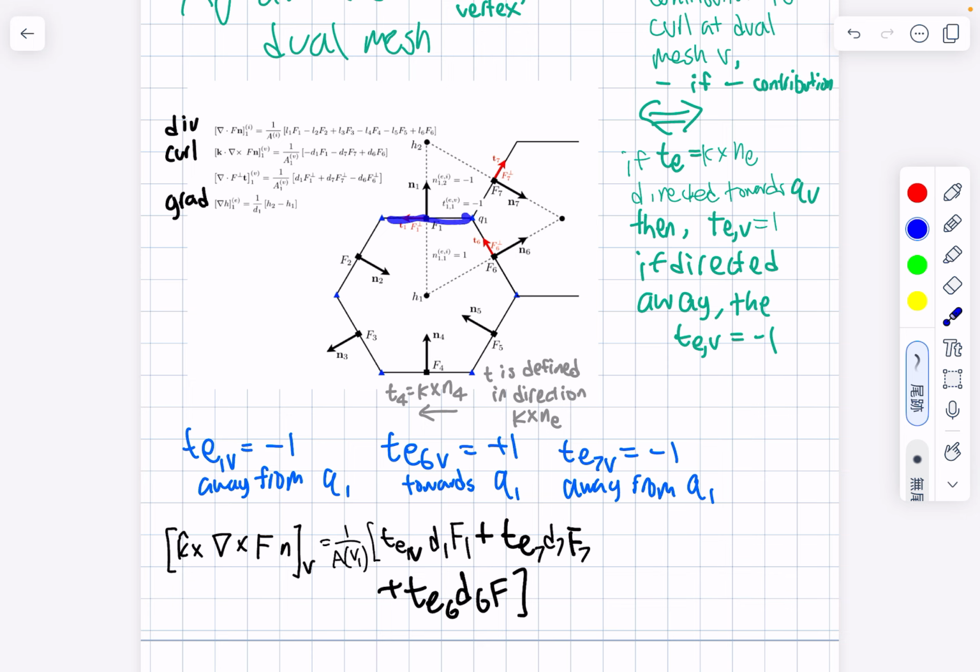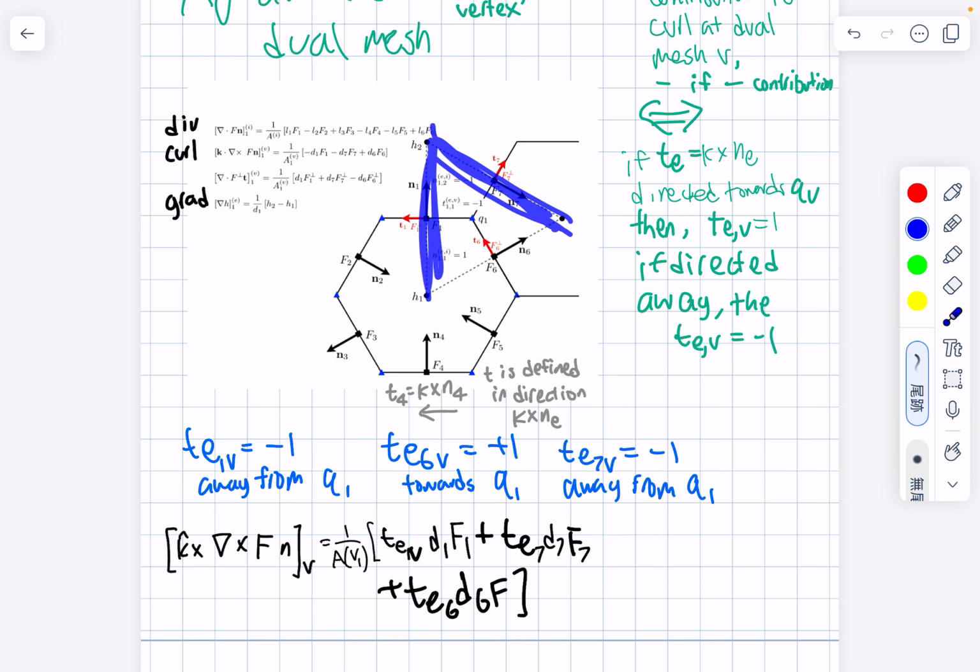Remember there's three edges. Do this edge first: it's this T times this distance times the flux, and T is negative here. Here it's going to be this T1, which is negative again, and then the flux, and it's this distance here.